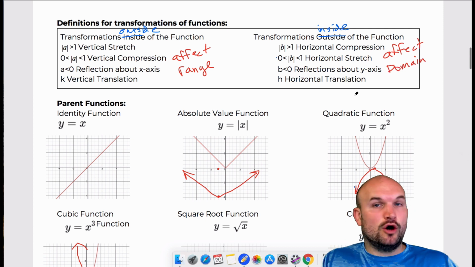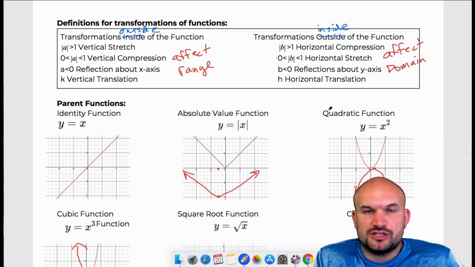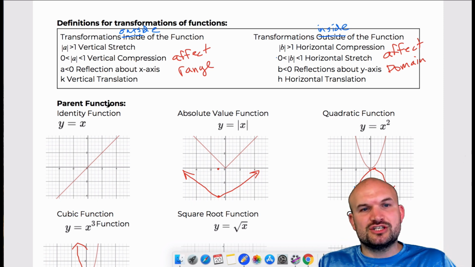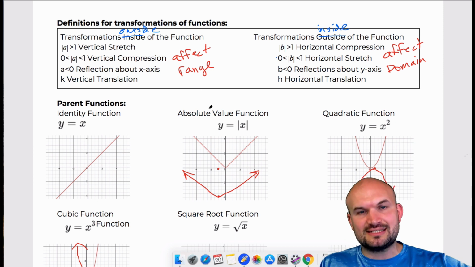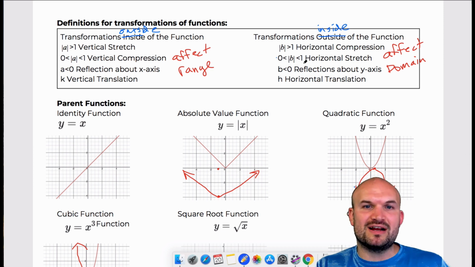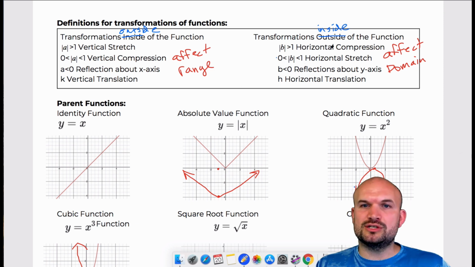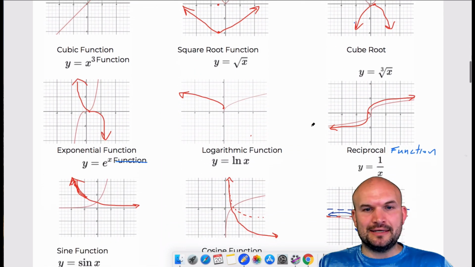Now again, that's only if the domain or range were restricted. If they're not restricted, you don't need to worry about that. But just notice outside, that's shifting the graph up or down or reflecting it vertically. And inside transformations are shifting the graph left or right or reflecting it horizontally. So that's something really important to take away from this.